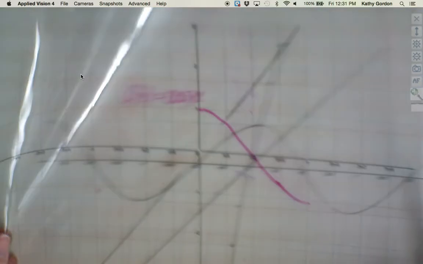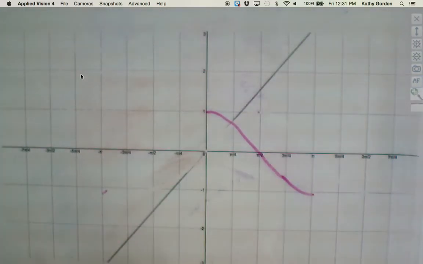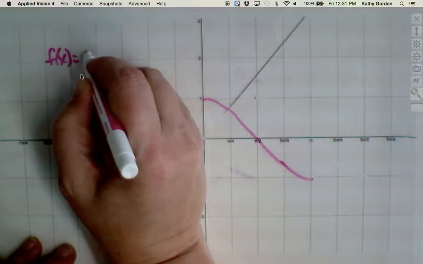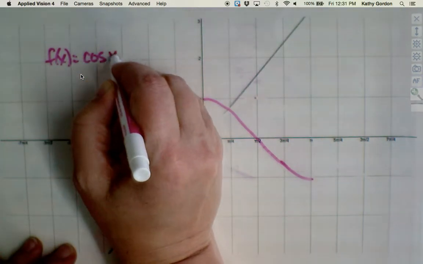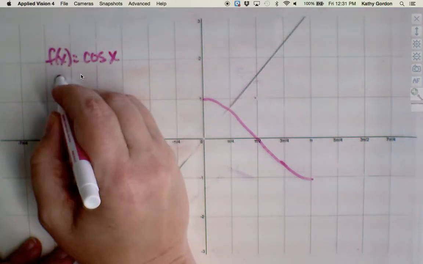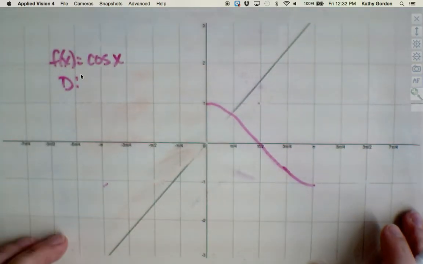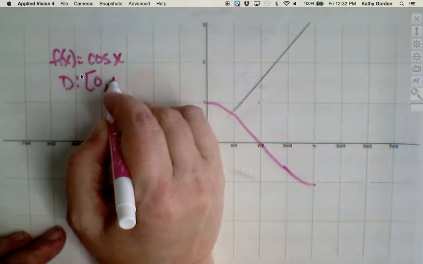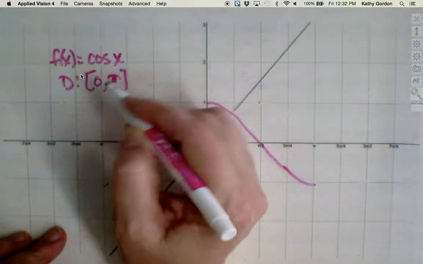Okay? All right, so we're saying now that this is the cosine of x. What is the domain now of this restricted piece? Bracket 0 to pi. What is the range?